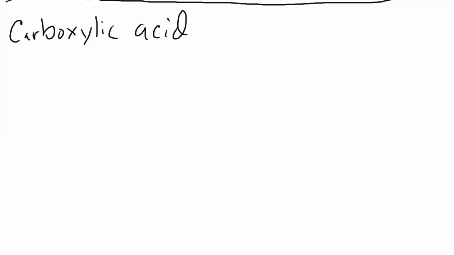The third and final type that you have to be able to recognize are what are called the carboxylic acids. And the huge clue for the carboxylic acid is that it has the group COOH in it. That's the key. COOH.